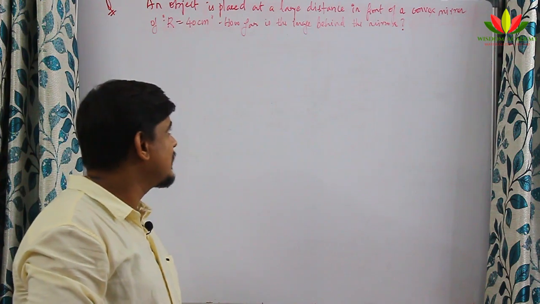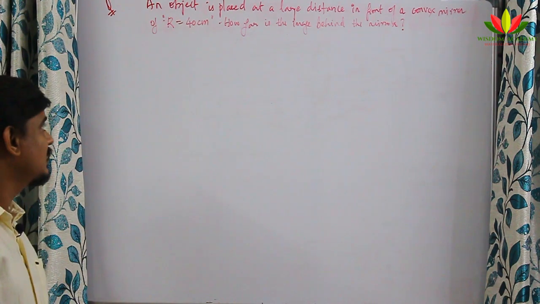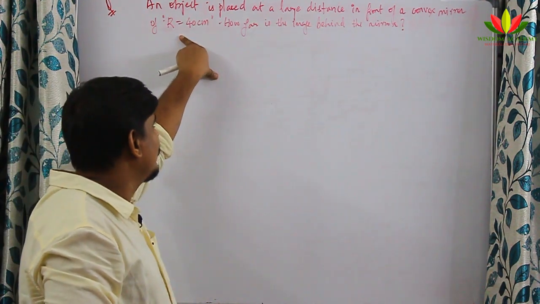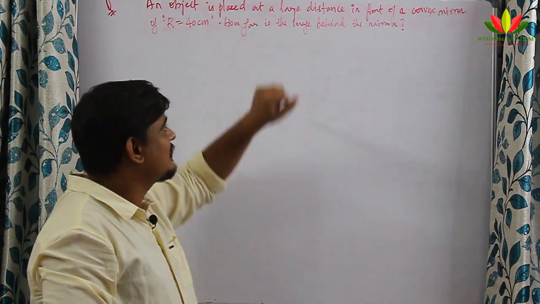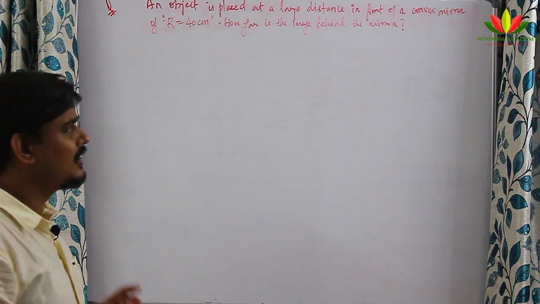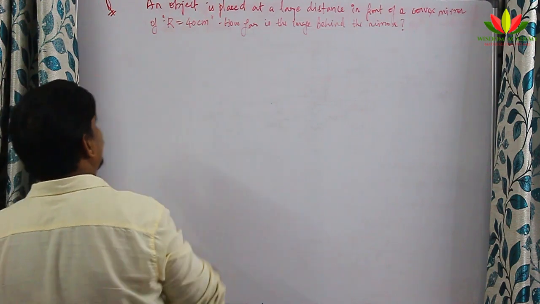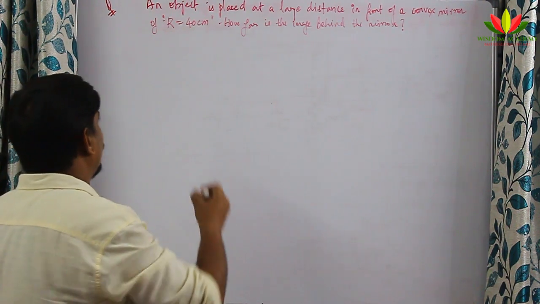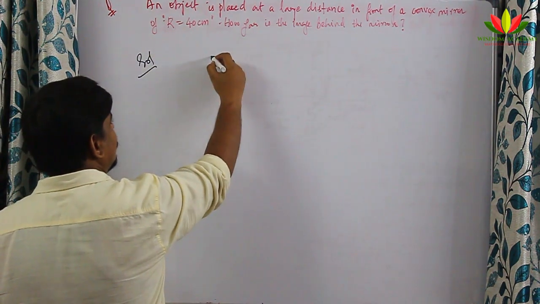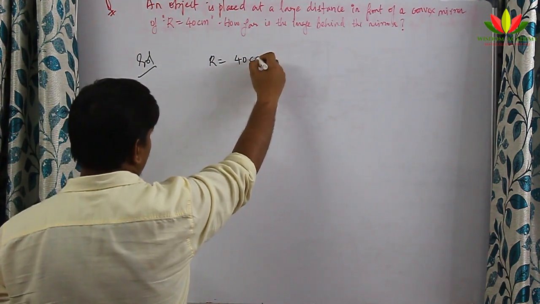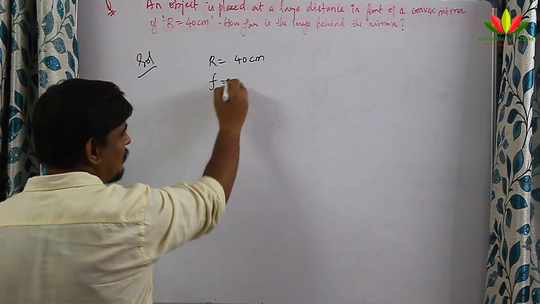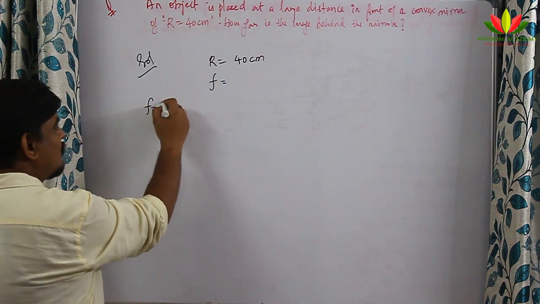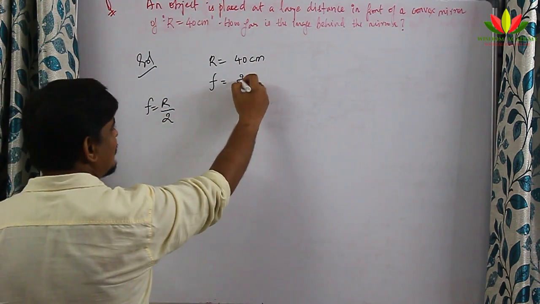An object is placed at a large distance in front of a convex mirror of R 40 centimeter, R is the radius of curvature. How far is the image behind the mirror? In this question they have given the value of R as 40 centimeter. If R is 40, what will be F? I told you F is equal to R by 2. So F will be equal to 20 centimeter.